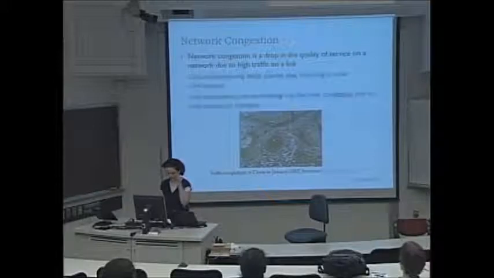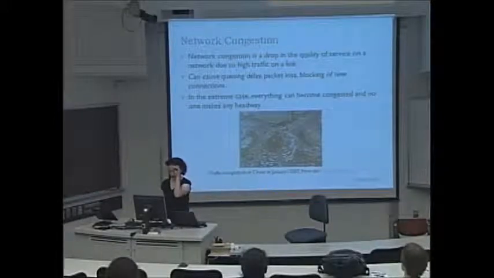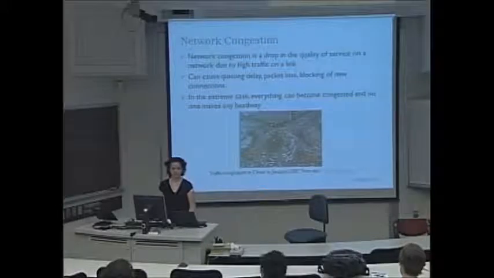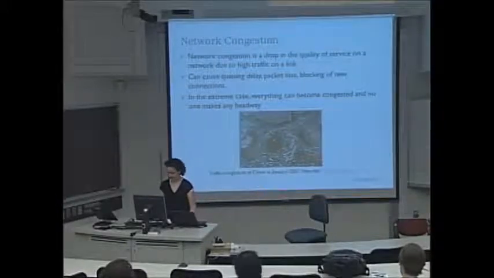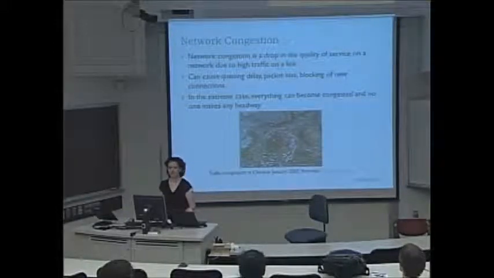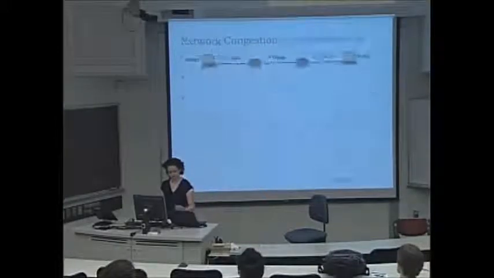And congestion causes many undesirable properties in a network, such as queuing delay, where packets will build up at a bottleneck router, and packet loss when the overworked routers can't handle the number of packets that they're receiving, and also the blocking of new connections. And in the extreme case, everyone is losing because a lot of traffic is going into the congested network, and no one can achieve good throughput.